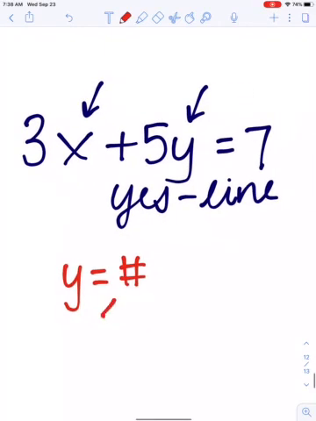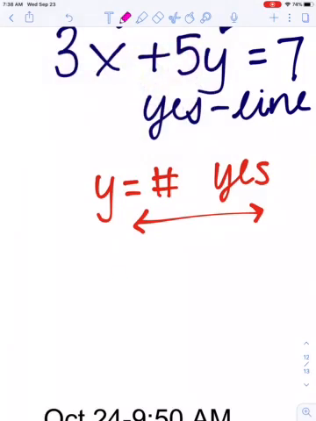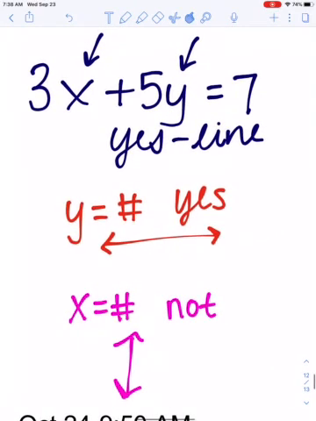If I have a y equals a number, that is a horizontal line, okay? And yes, horizontal lines are functions, okay? If the equation is x equals a number, that's not a function because that is a vertical line, okay?